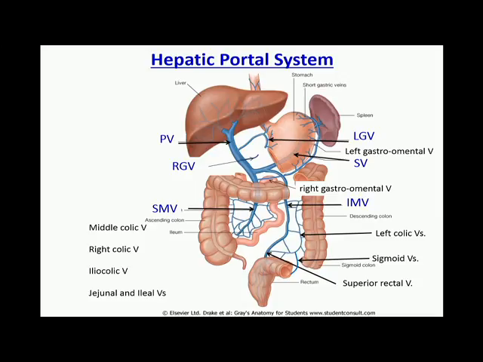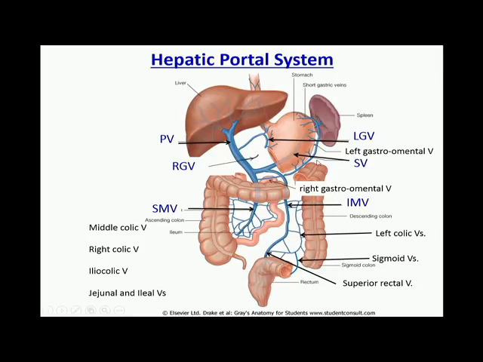Coming to the portal system. So the portal venous system. That's the portal vein which is coming to the liver. The two main tributaries of the portal vein are the superior mesenteric vein, which drains the midgut, and the inferior mesenteric vein, which drains your hindgut.